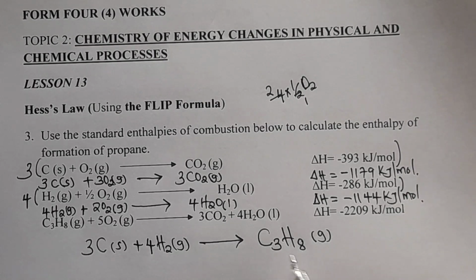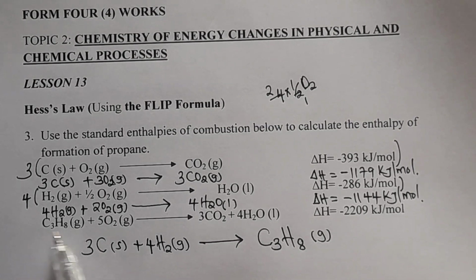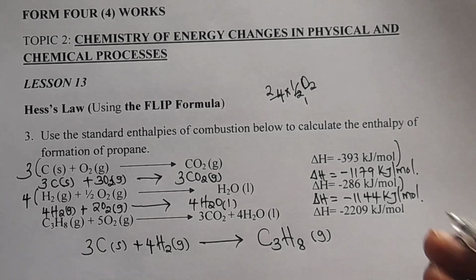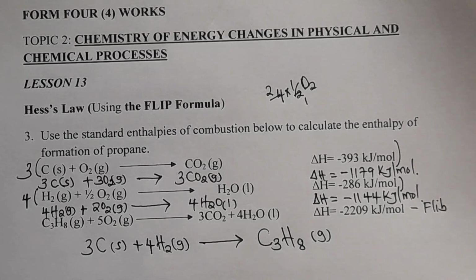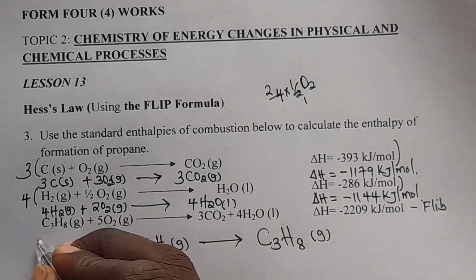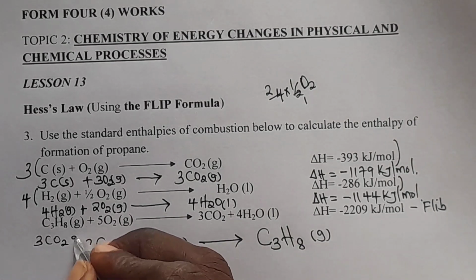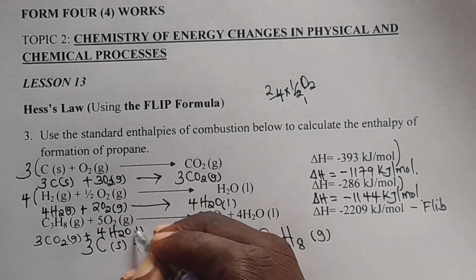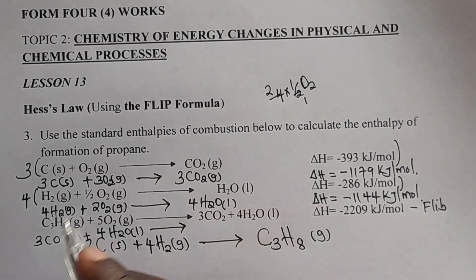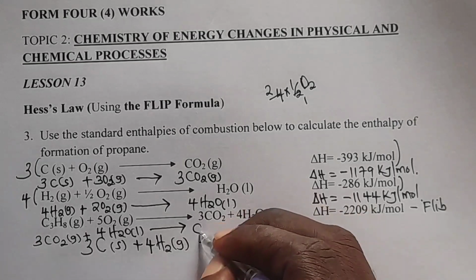Then the last one, we have propane. This propane is on the product side in the demand question, but in the thermochemical equation given, we have the combustion of propane, where propane is on the reactant side. So we are supposed to flip, or reverse, this equation. To reverse means you take your products and make them your reactants. So we have 3 moles of carbon dioxide gas plus 4 moles of water, which is liquid, then arrow, and your initial reactants now become your products.